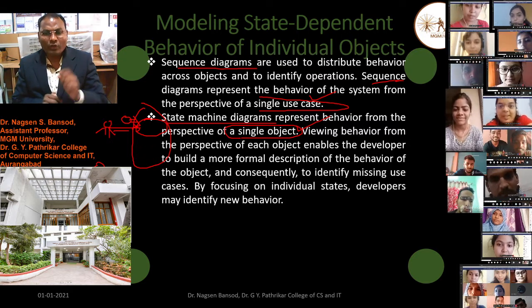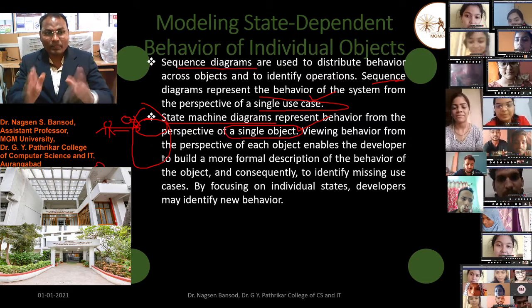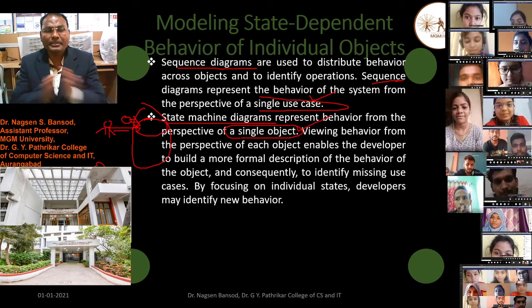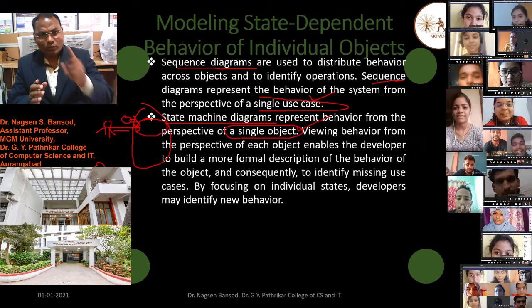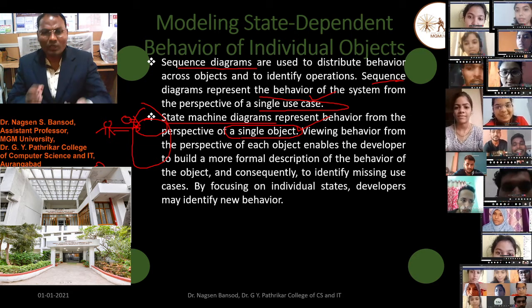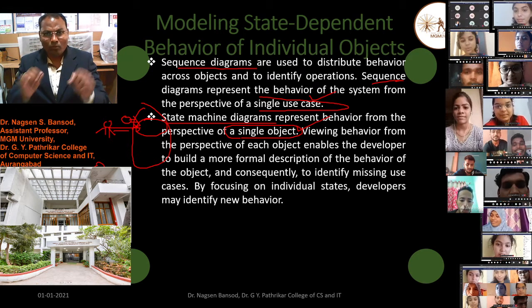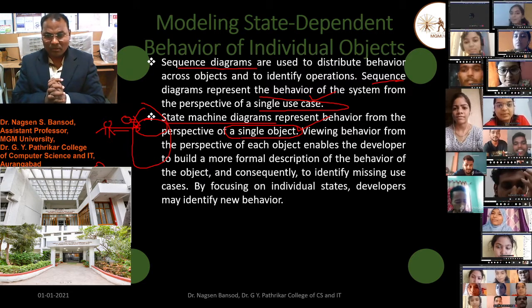By focusing on an individual object's function, developers may identify when a particular object will work. That can be identified by the developer in modeling state dependent behavior of individual objects.